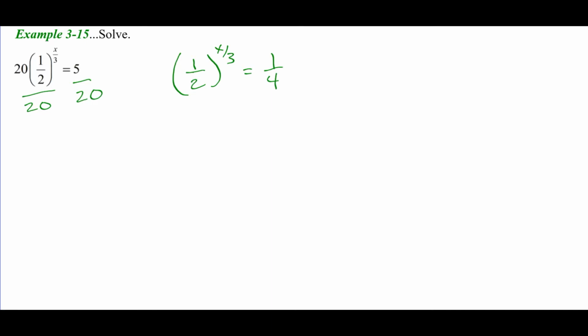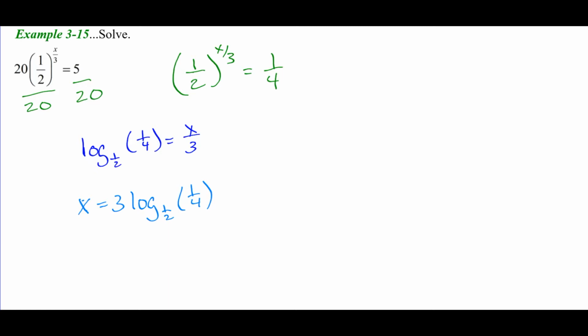And then you can use either method that you want, so we can convert notation and make this the log base 1/2 of 1/4 equals x over 3. Multiplying both sides by 3, we're going to get x equals 3 log base 1/2 of 1/4.